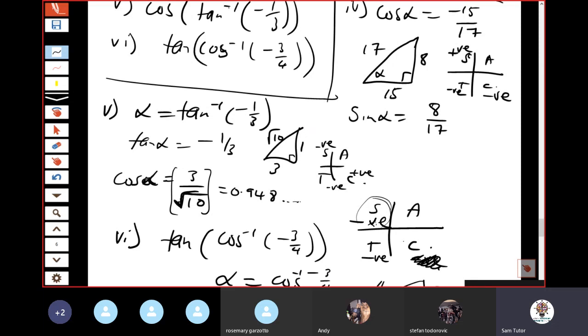Different logics and cos. Where is tan negative? I should have said sine and cos.